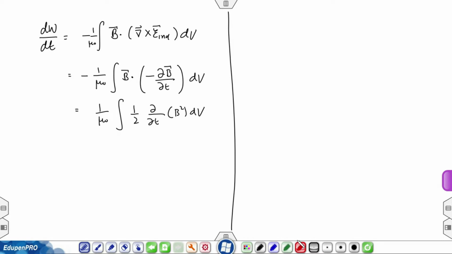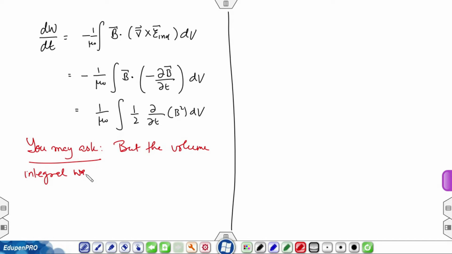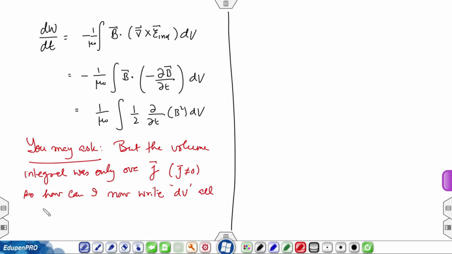Now, you may ask at this point, but the volume integral was only over J, or where J was not equal to 0. So, how can I now write dV all over space? Well, the answer is very simple.